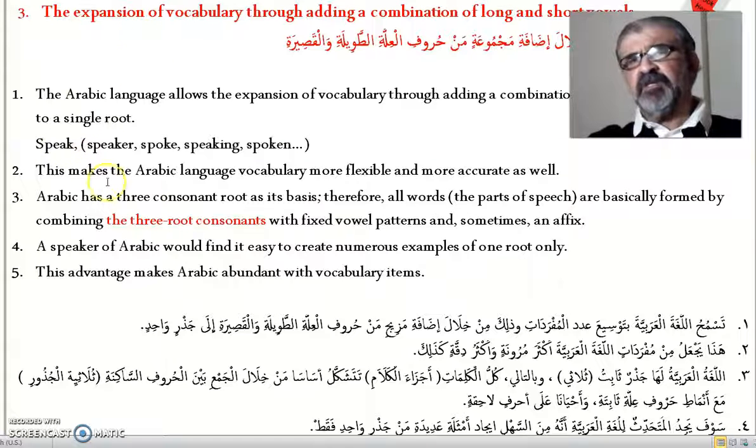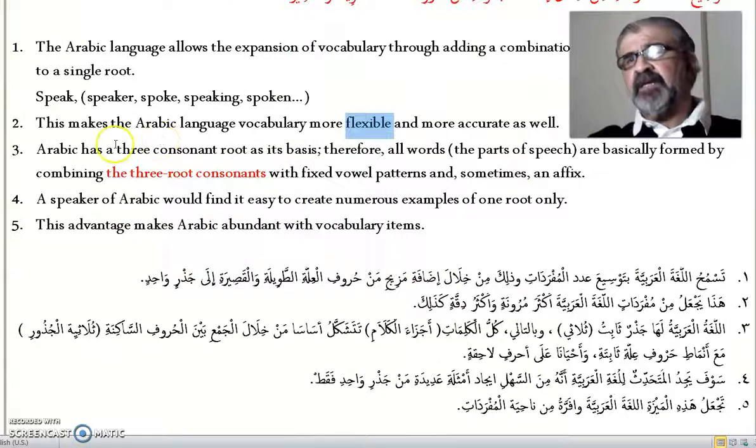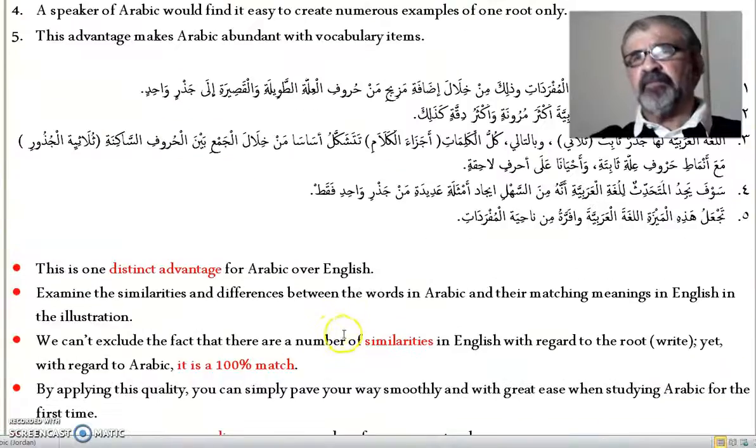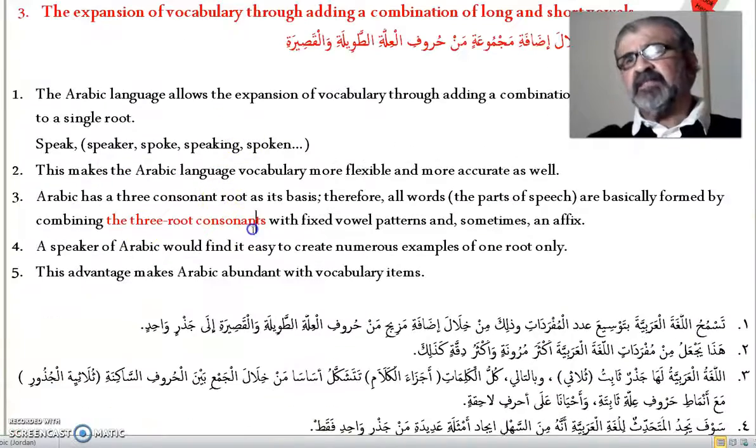The expansion makes the Arabic language vocabulary more flexible, more accurate as well. Arabic has a three consonant root, which in this case is ka, ta, ba. Okay? So it has a three consonant root as its base or basis.